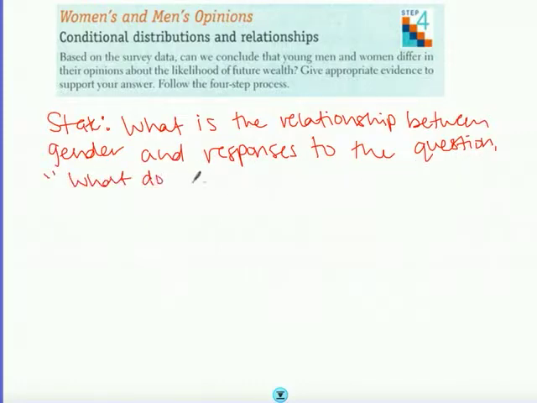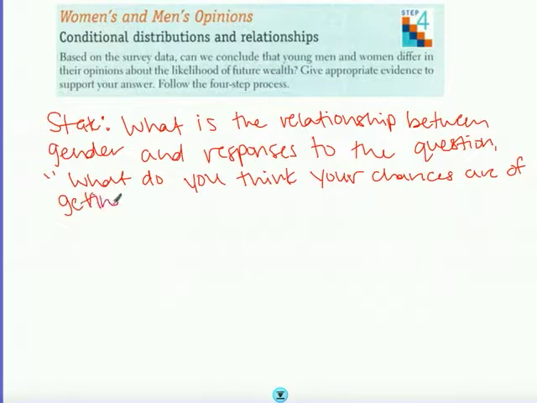What do you think your chances are of getting rich? They actually use having more than a middle class income, but we'll say getting rich at age 30.